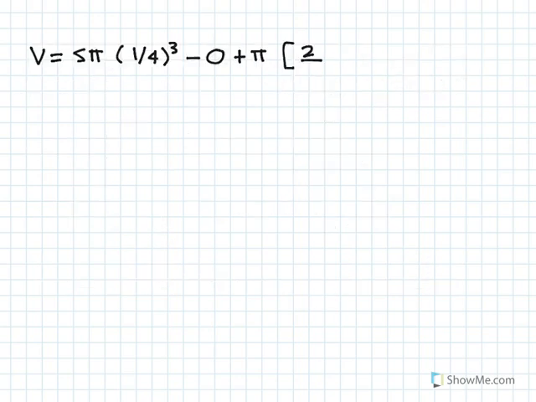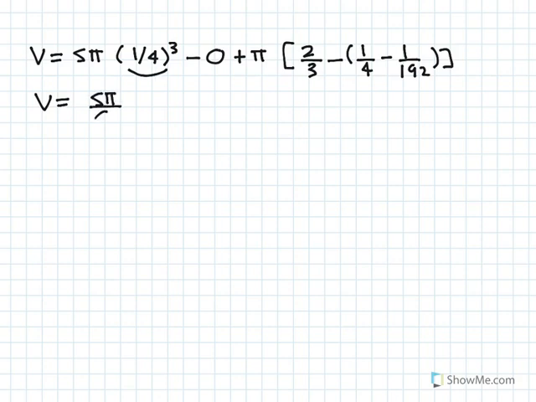So we have 2/3 minus 1/4 minus 1 over 192. Volume is equal to 1/4 cubed, that's 1 over 64, so we get 5 pi over 64 plus 2 pi over 3 minus pi over 4 minus pi over 192.